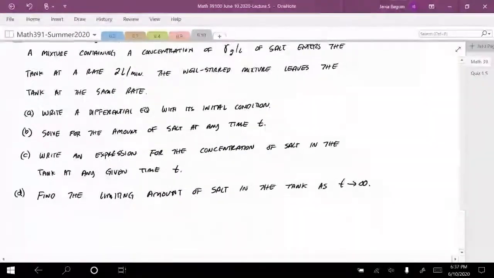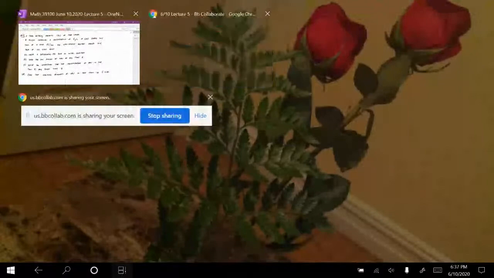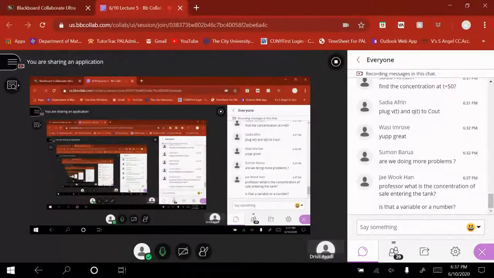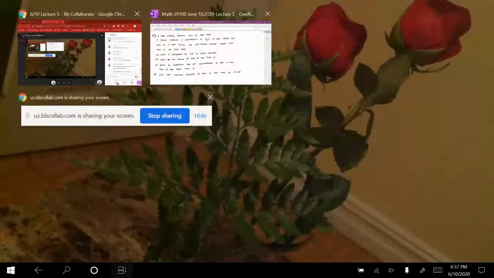Okay, so let's start thinking about this question. So gamma is just an unknown constant, okay?